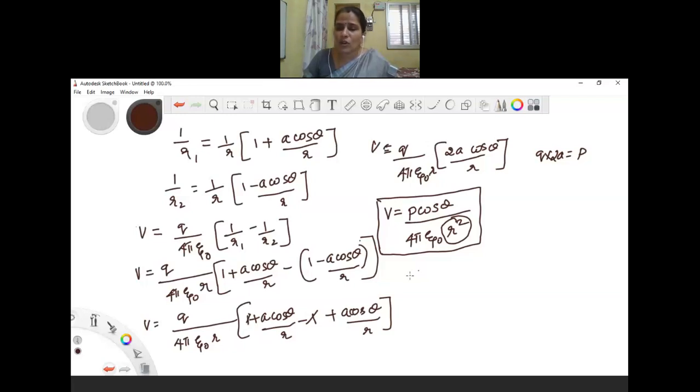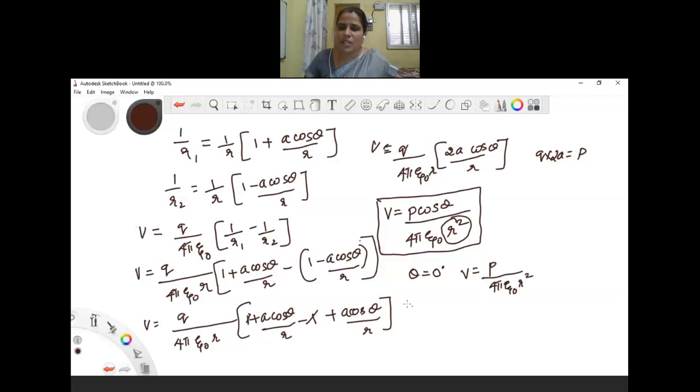When theta is equal to 0, what will happen to this potential? What is cos 0? Cos 0 is 1, right? So V will become P divided by 4 pi epsilon naught R square.